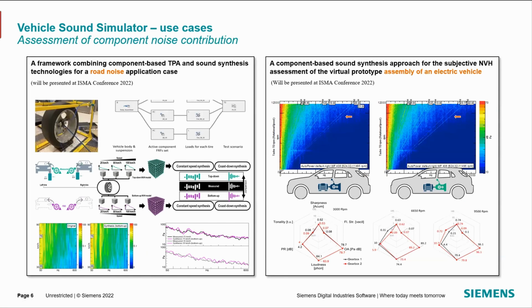Here I have an overview of a couple of applications in which, instead of a full vehicle performance, we focus on a component of the vehicle in terms of performance. On the left side of the screen, you see a work that will be presented at an upcoming conference, in which we characterize on bench a tire, or I should say a set of four tires, and then we virtually assemble them thanks to a technology that we call internally virtual prototype assembly, without the need of having a physical version of the full vehicle.